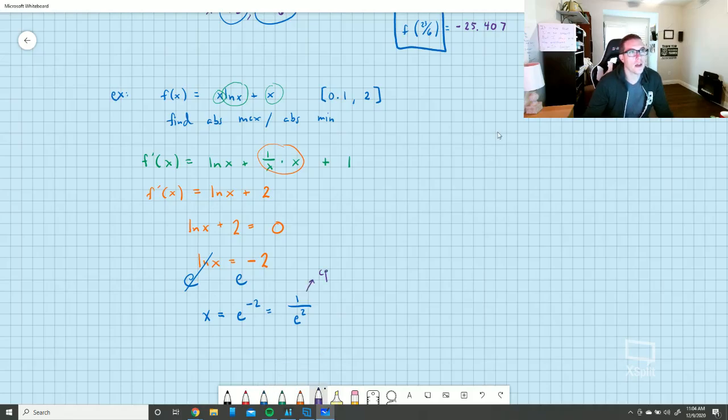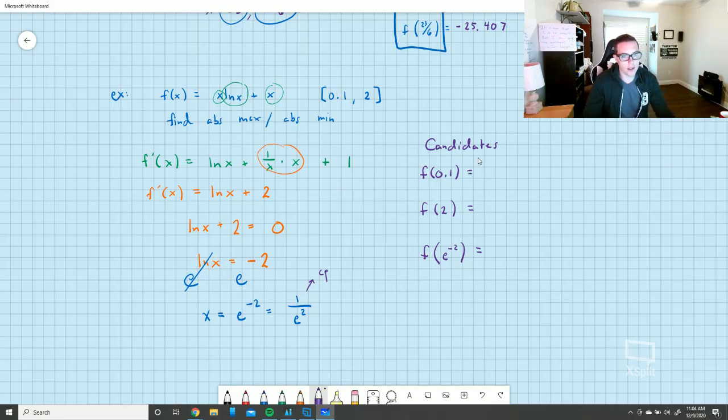So this is typically how I do it. I say my candidates are x equals 0.1, so I'm going to need to find f of 0.1; f of 2, so I'm going to find f of 2; and I'm going to need to find f of e to the negative 2. And we get these by plugging back into the original function.